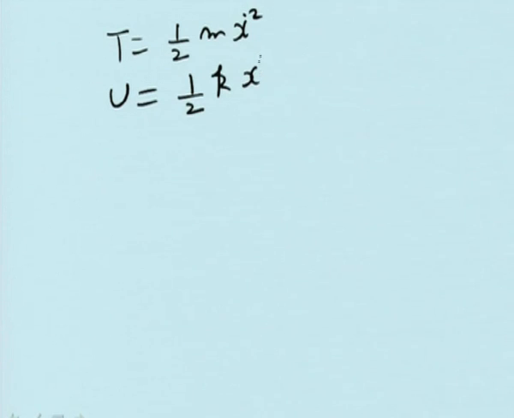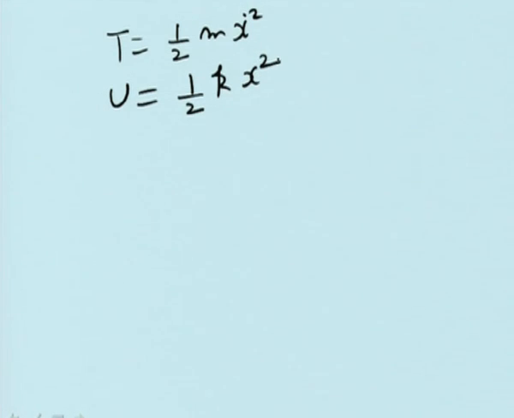Now let us see for a spring mass system how you can apply this condition. T is equal to half m x dot square. At any instant, its kinetic energy is given by half m x dot square, and U is equal to half k x square.